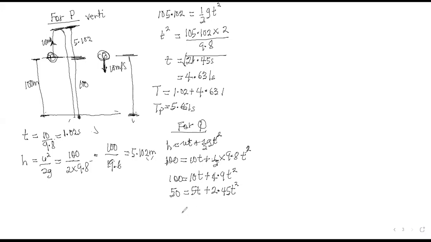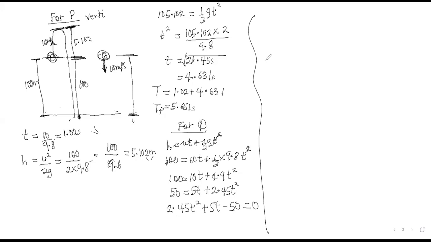So use this quadratic equation. Solve it using the quadratic equation. So we'll have 2.45T squared plus 5T minus 50 is equal to 0.